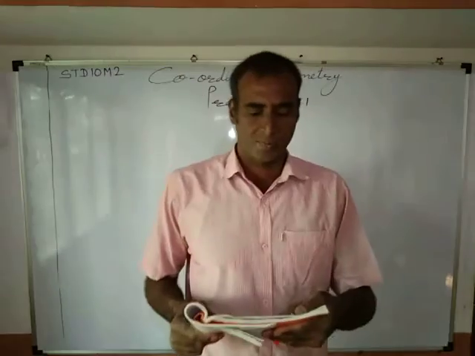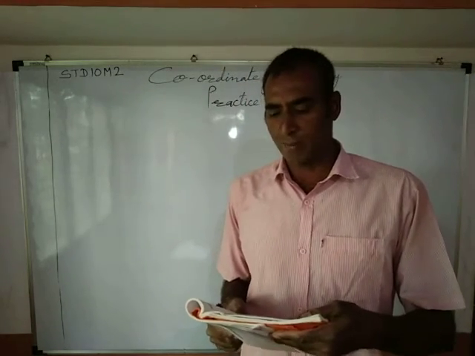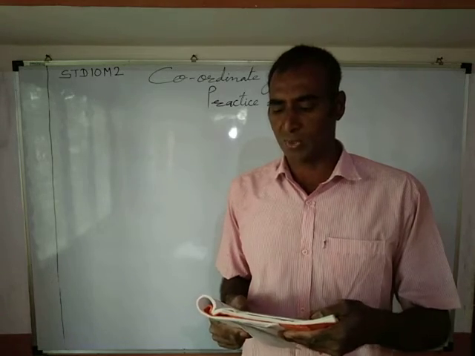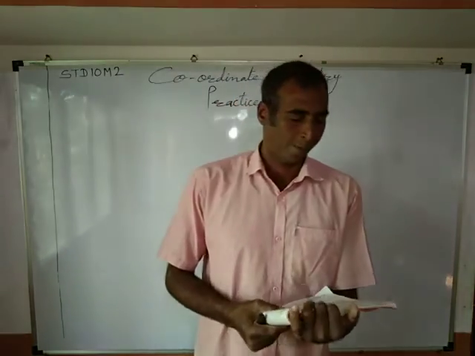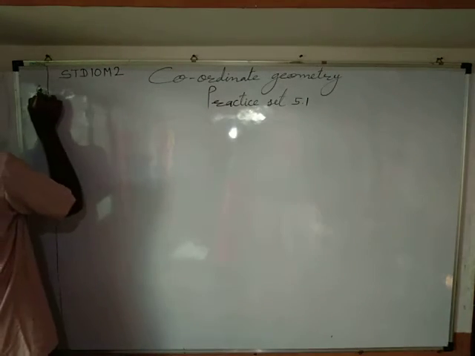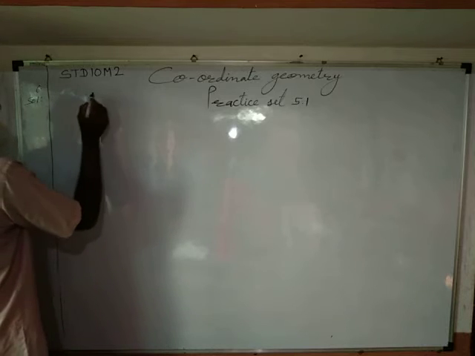Question 6. Show that points A(minus 4, minus 7), B(minus 1, 2), C(8, 5) and D(5, minus 4) are vertices of rhombus ABCD. Solution. Okay.